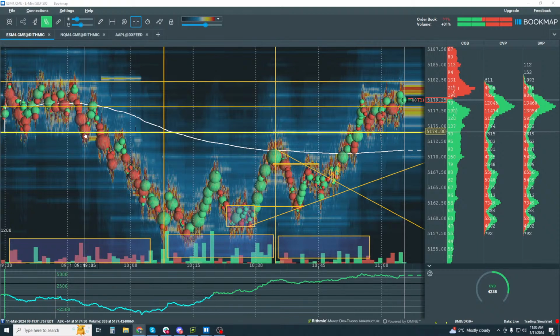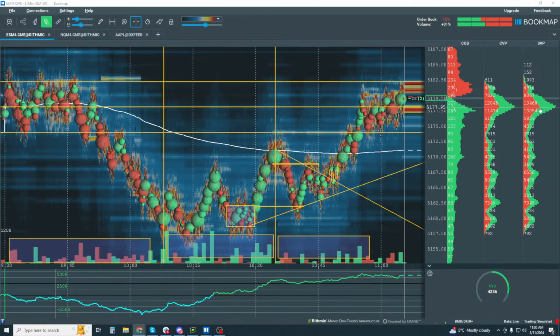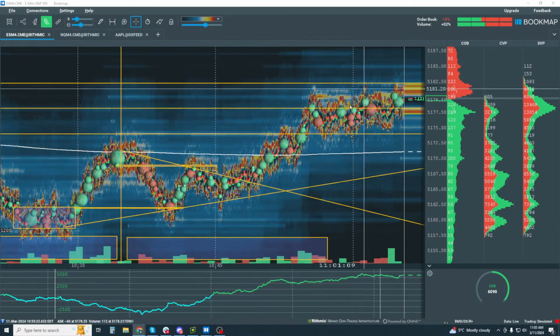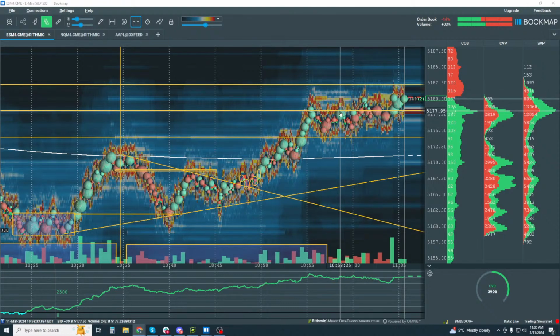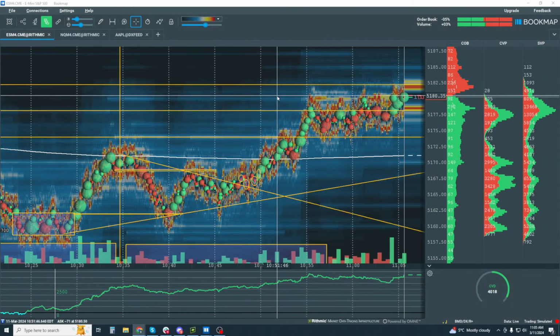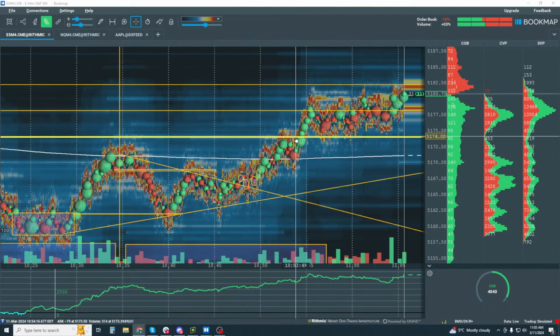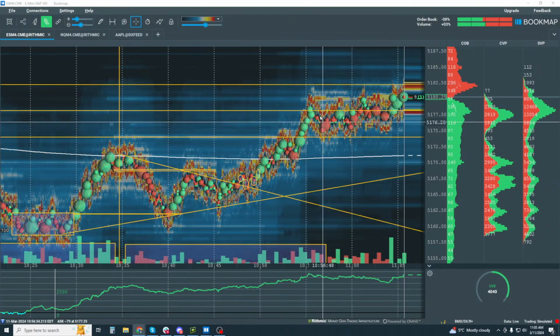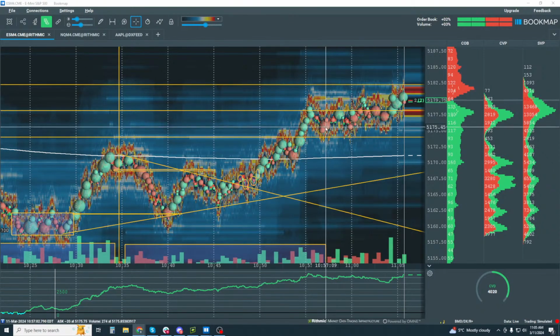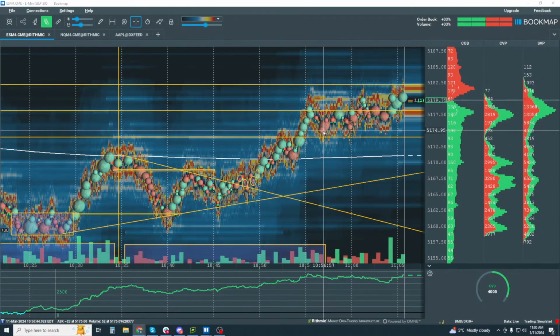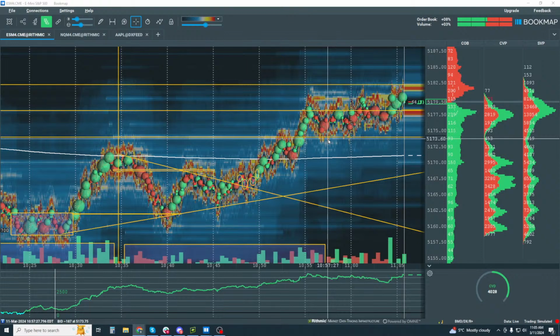It broke out through that on up to the high volume node, and we knew that there's going to be some reaction up here, okay? And some transactions. We knew we were going to get a pullback in here. I'm surprised that it was a pretty shallow pullback. I thought we'd get a lot more of a pullback here, to be honest.